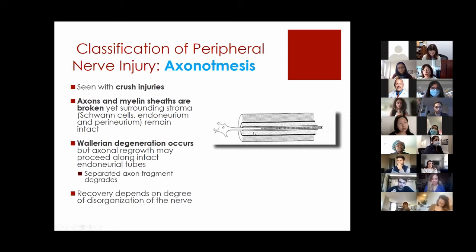To be clear, regeneration requires a lot of different conditions to happen well. Regeneration occurs more effectively over shorter segments than over longer segments. So if you had a nerve injury at the shoulder, it would be very hard for the nerves to regenerate all the way down to the fingers. It probably wouldn't happen. It also requires maintenance of these supportive structures. Wallerian degeneration is what we think of when we have degeneration of axons that have been damaged or severed from the main part of the nerve and the nerve cell body.